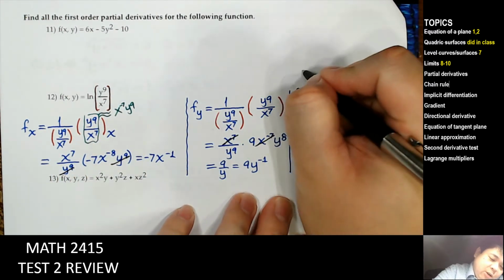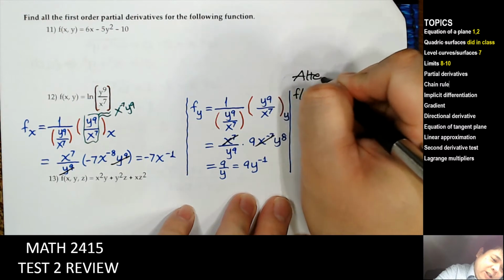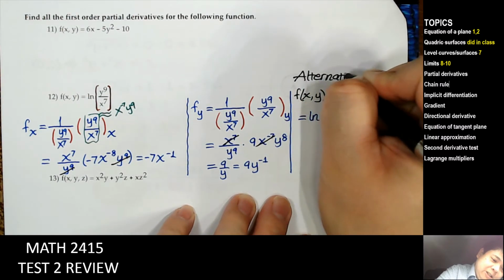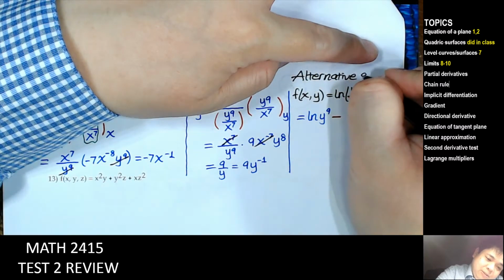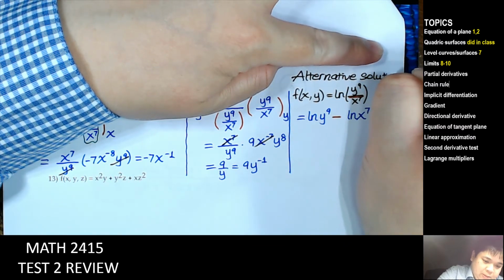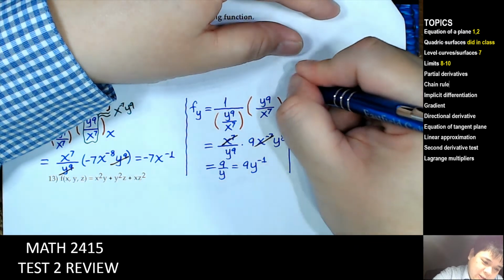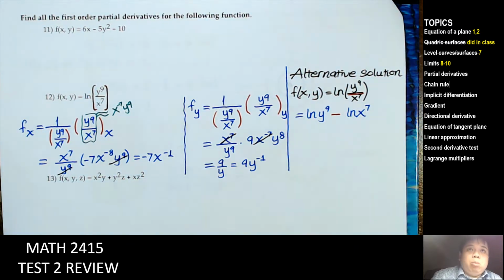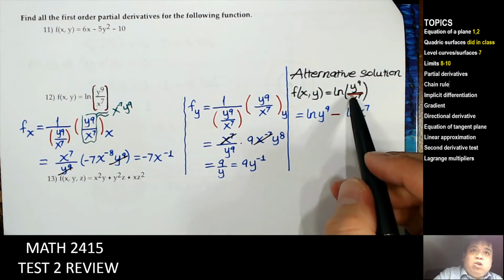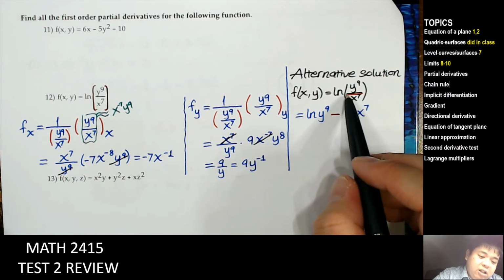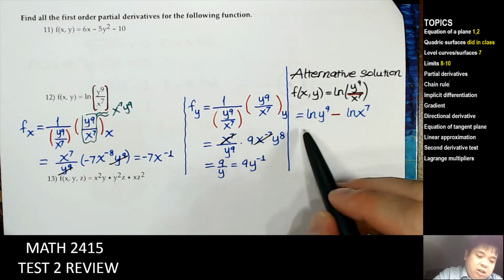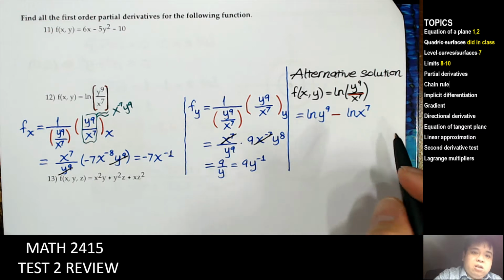I should say the alternative solution. So the properties of the natural log or any log: log of division is difference of the logs.